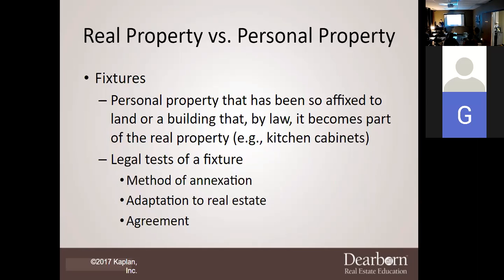But when you do that, what happens? What happens in this situation, Wyatt? Making it permanent? Yeah, you made it permanent. You now made that personal property, those cabinets, now a fixture. Because when you got those cabinets, they came and they sat on your front door.